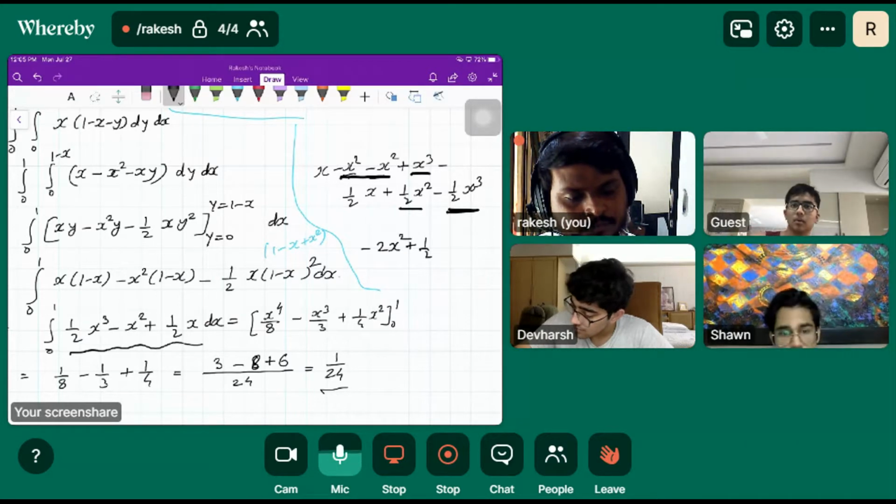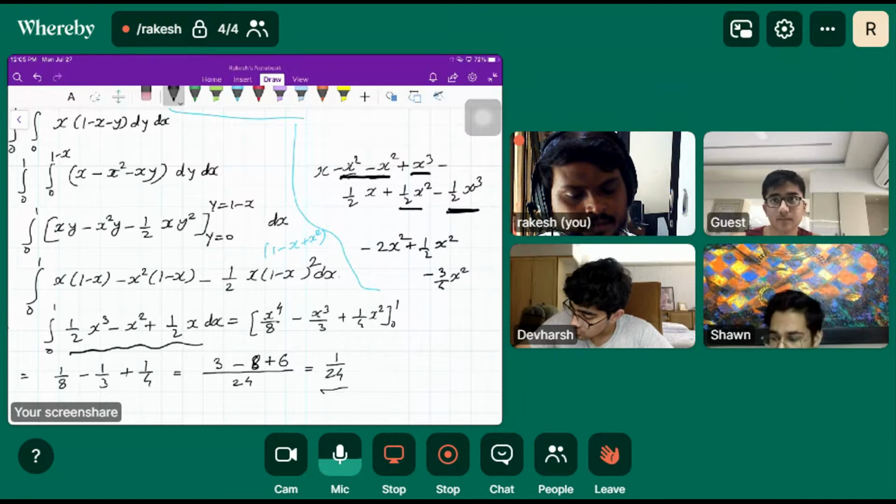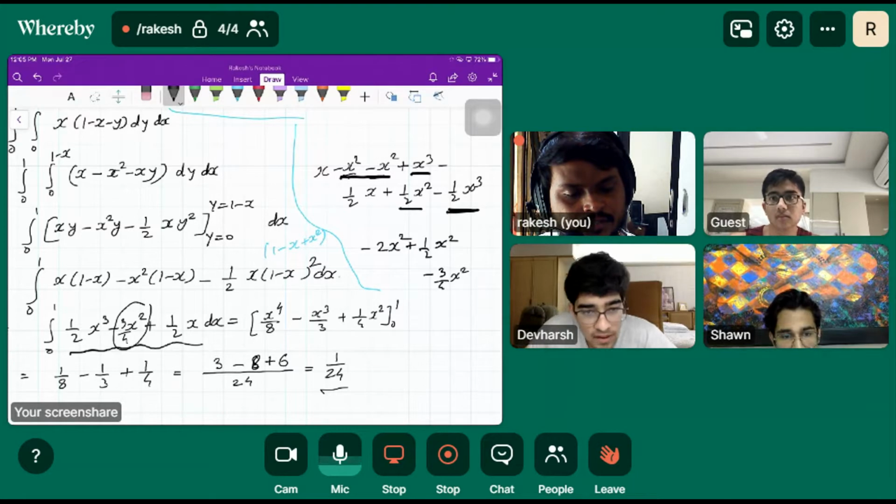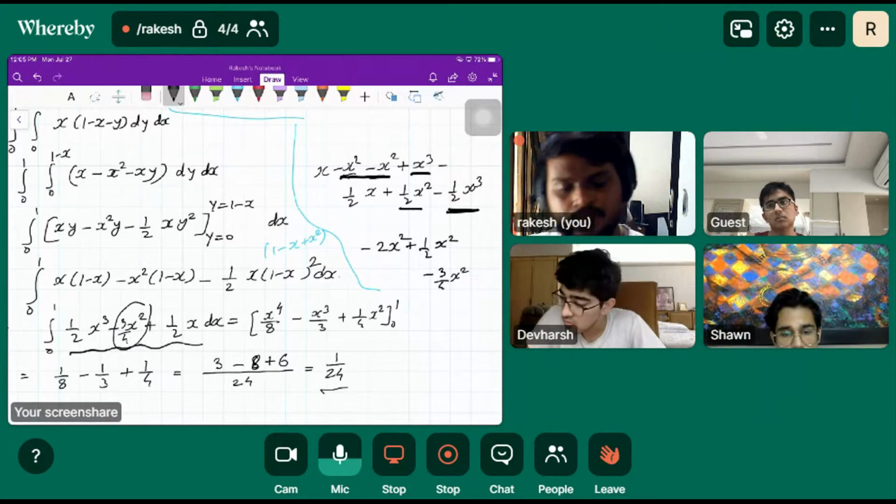So minus 4 plus 1 is minus 3 by 4 x square. But this is wrong, no? This wrong term I got here. It should be x. I'm getting 1 by 24. Okay, just a second.